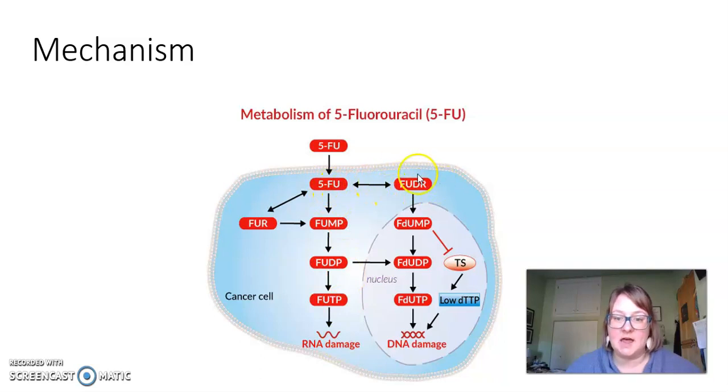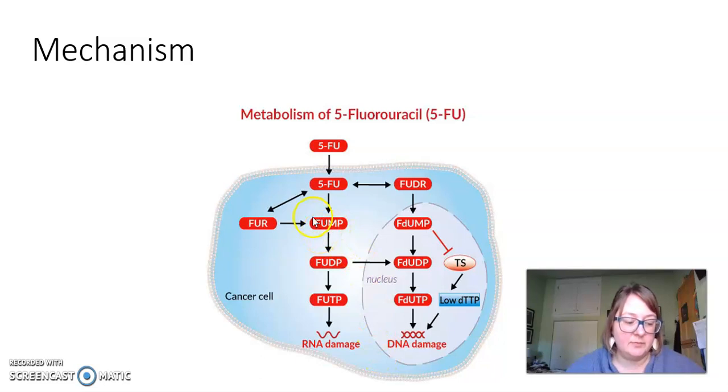Now, this is the analog FUDR, which stands for 5-fluoro-2-deoxyuridine 5-phosphate. And so if you follow this down, this will do the damage to the DNA. And eventually this leads to the apoptosis of cancerous cells.